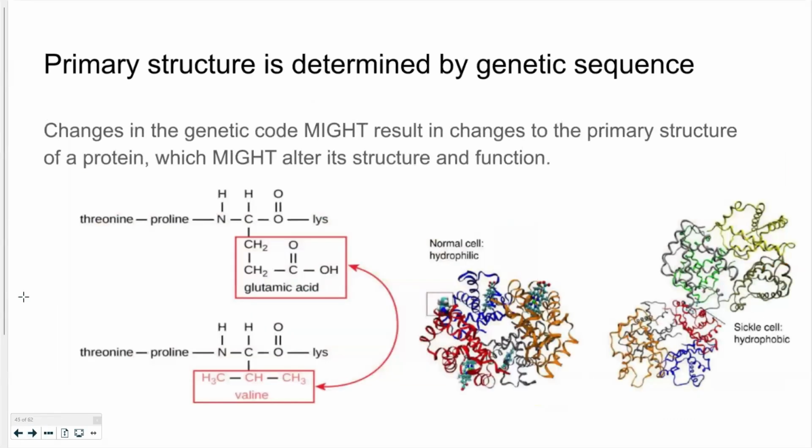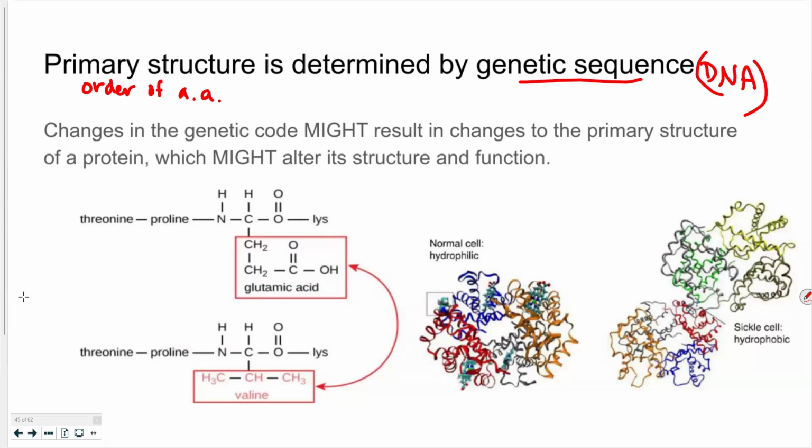So the primary structure, or the order of the amino acids in a protein, is determined by your genetic code, so your DNA. We're going to spend about three chapters talking about how we actually go from a sequence of DNA to a protein.